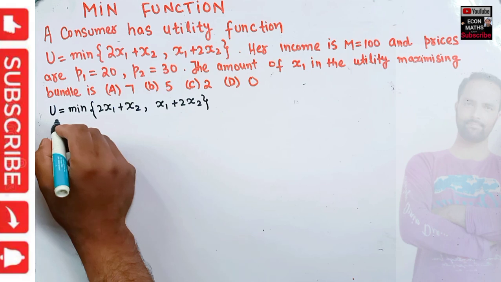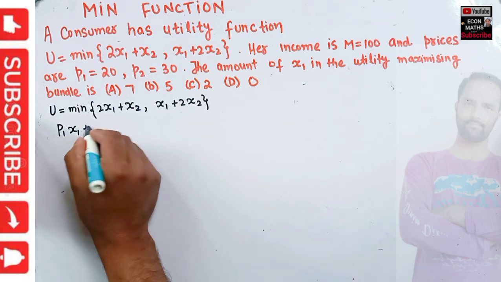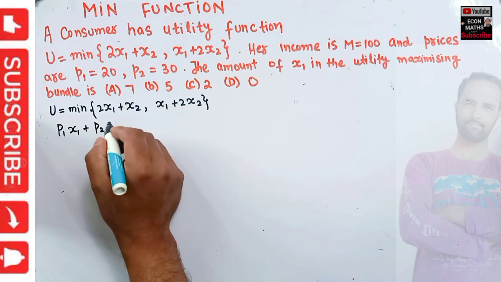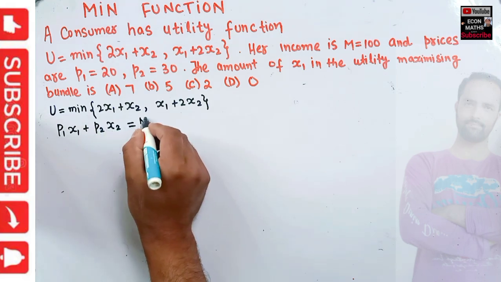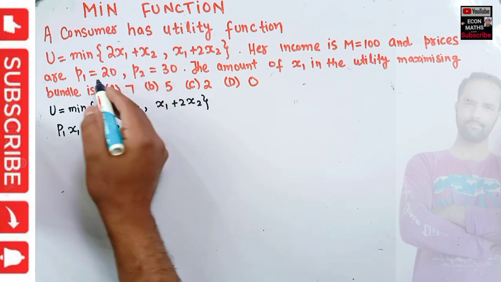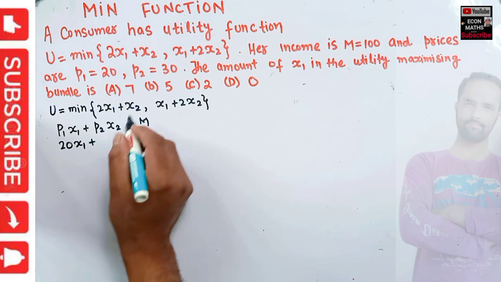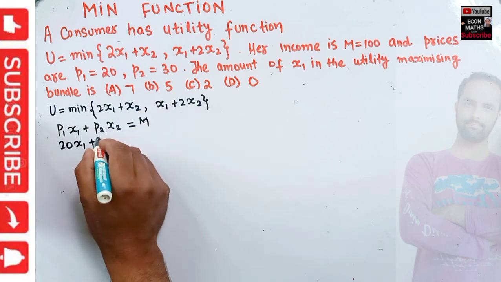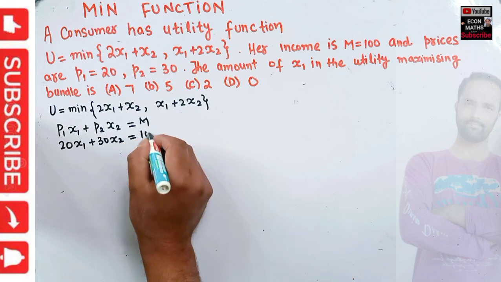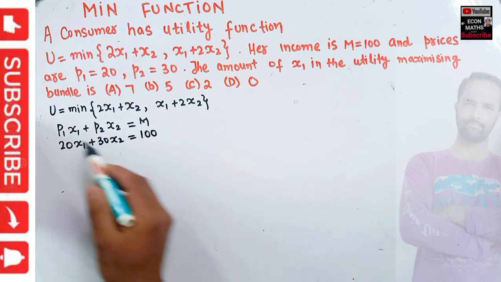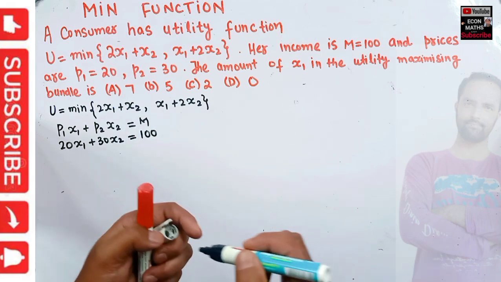Budget constraint is simply price of good one times units of good one plus price of good two times units of good two should be equal to m, and here p1 is given as 20 and p2 as 30, that is 20x1 plus 30x2 is equal to 100. This is our budget constraint. We need to maximize this utility function subject to this budget constraint.